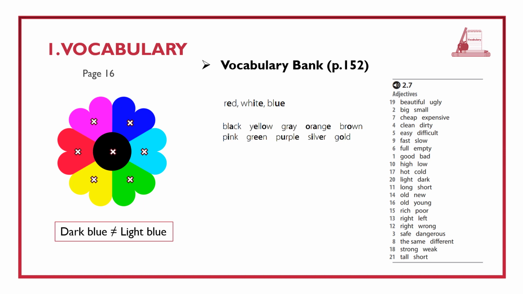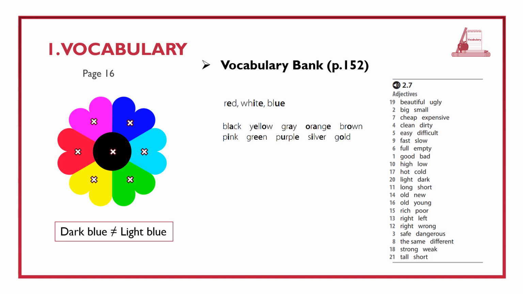Number 5, easy and difficult. Number 9, fast, slow. Number 6, full, empty. Number 1, good, bad. Number 10, high, low.